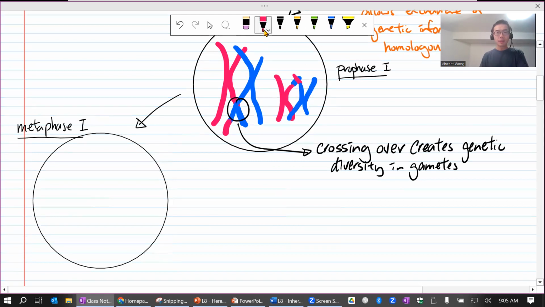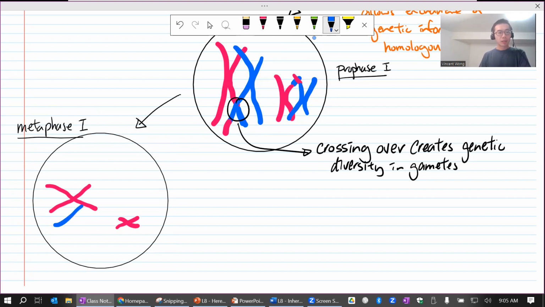So in metaphase 1, the entire tetrad is going to line up in the middle of the cell. And the order is random. For the first tetrad pair, it might be red on top, and then the other one could be red at the bottom. It's totally randomly arranged.